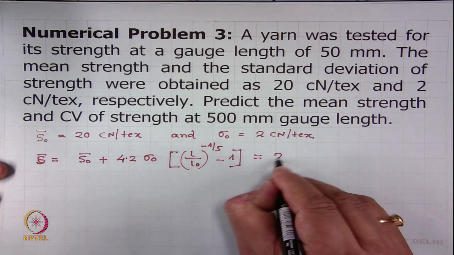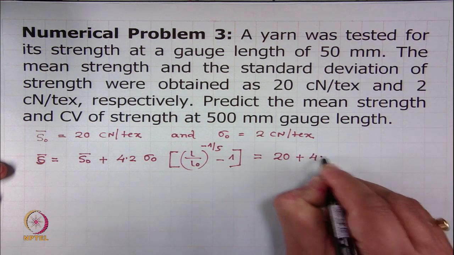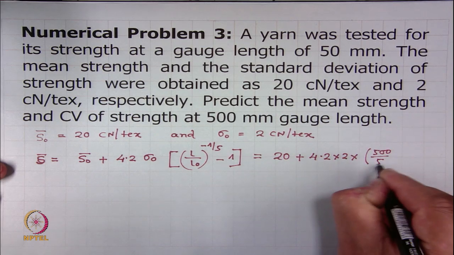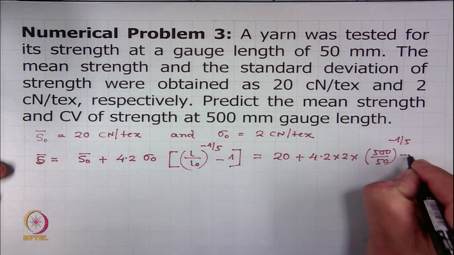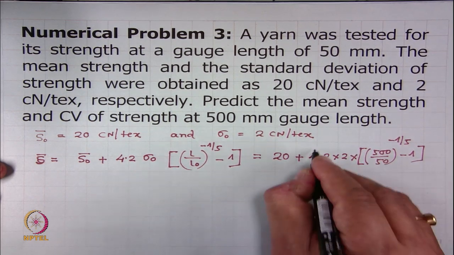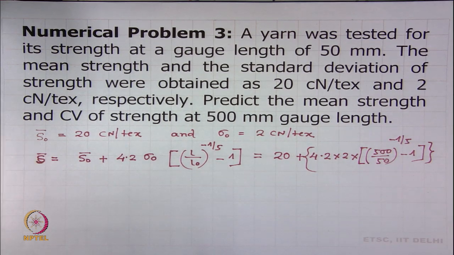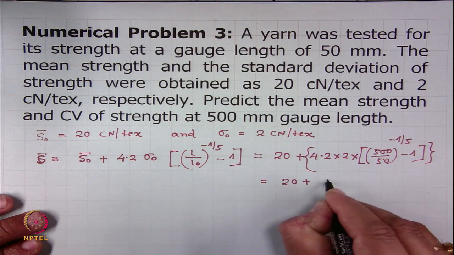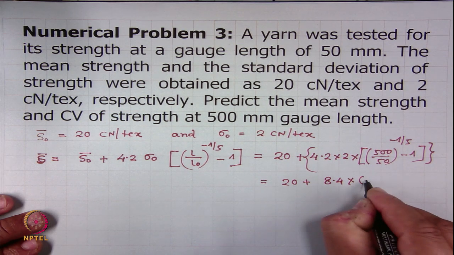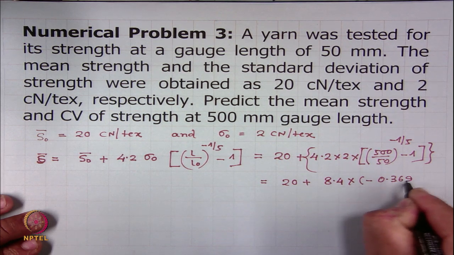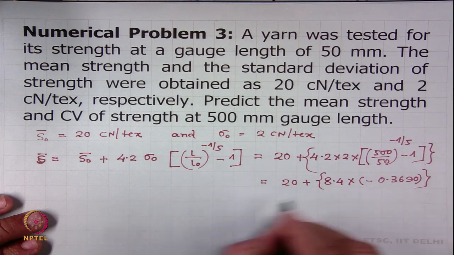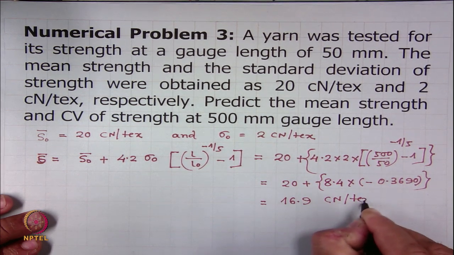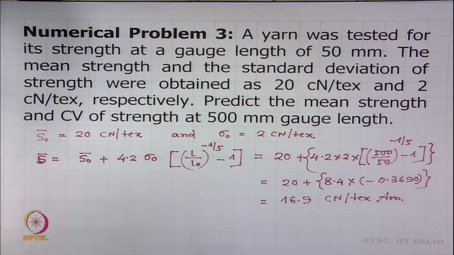So, we apply the values: 20 plus 4.2 into 2 into 500 by 50 to the power minus 1 by 5 minus 1. So, this value you will see 20 plus 8.4 into minus 0.3690. This value will be equal to 16.9 centinewton per tex. This is the mean strength.